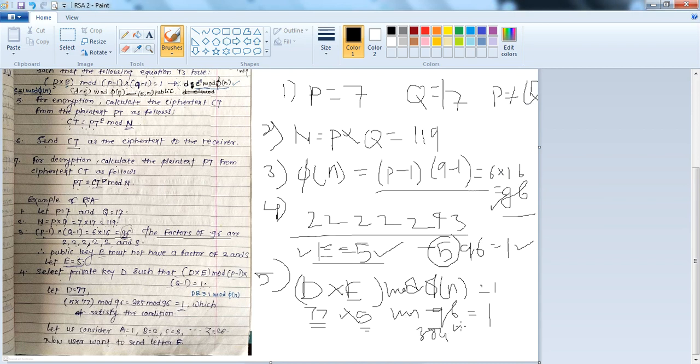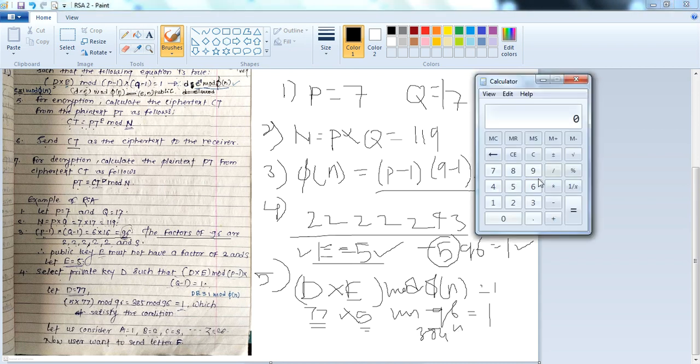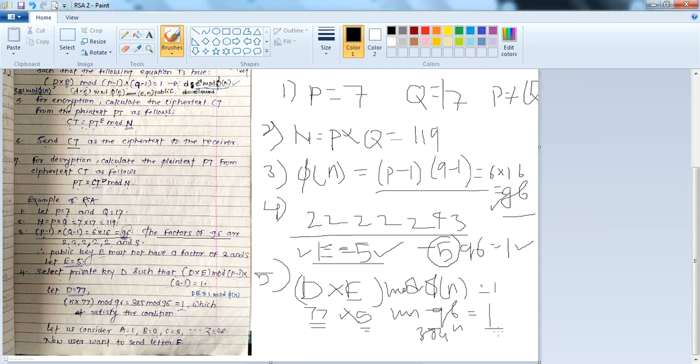If we multiply by 4 times, then 77 into 5 is 385, which means the remainder is 1, right? It's true again. That's why D is 77, and this equation equals 1. That's why E is 5 and D is 77.